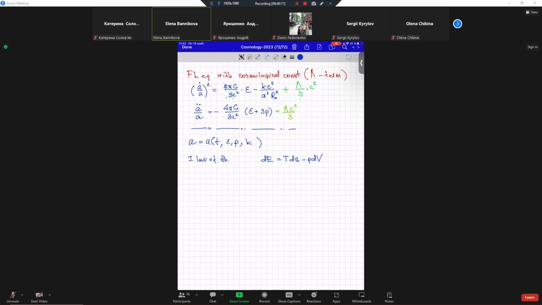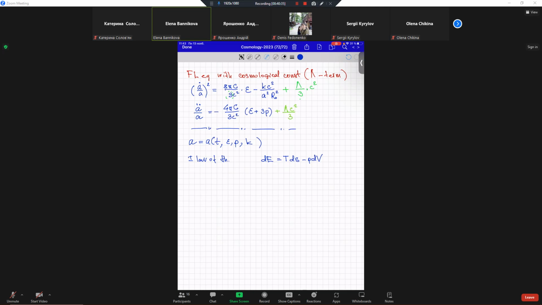So now we can discuss this point about the system which we consider, which is the universe.